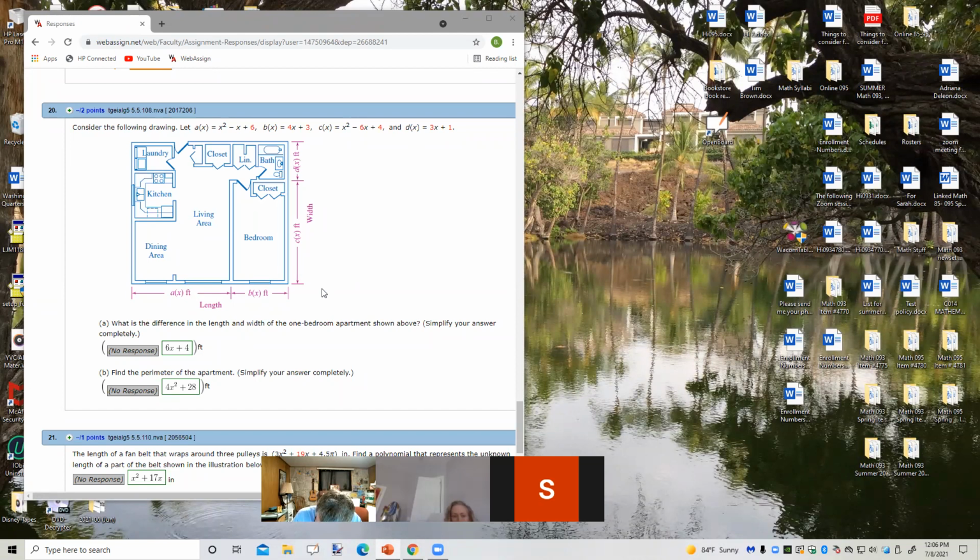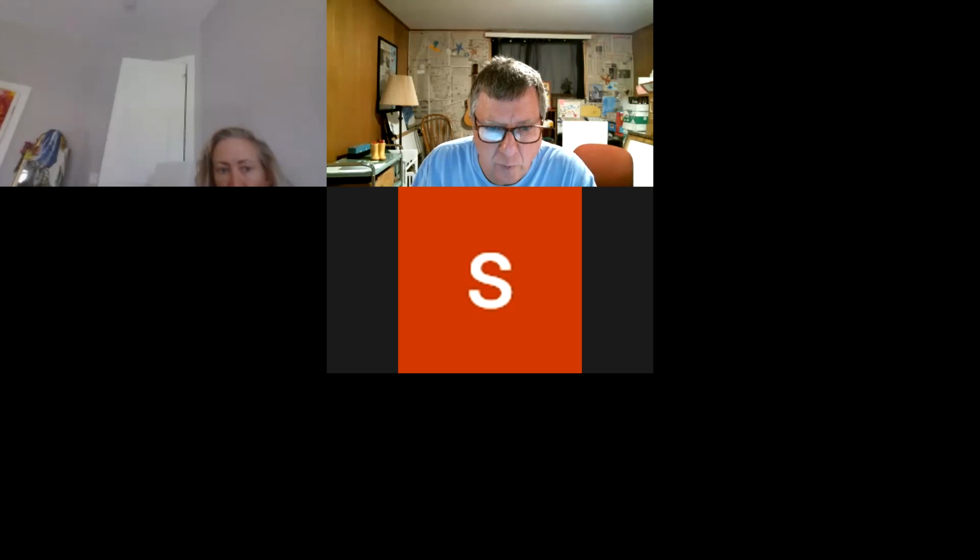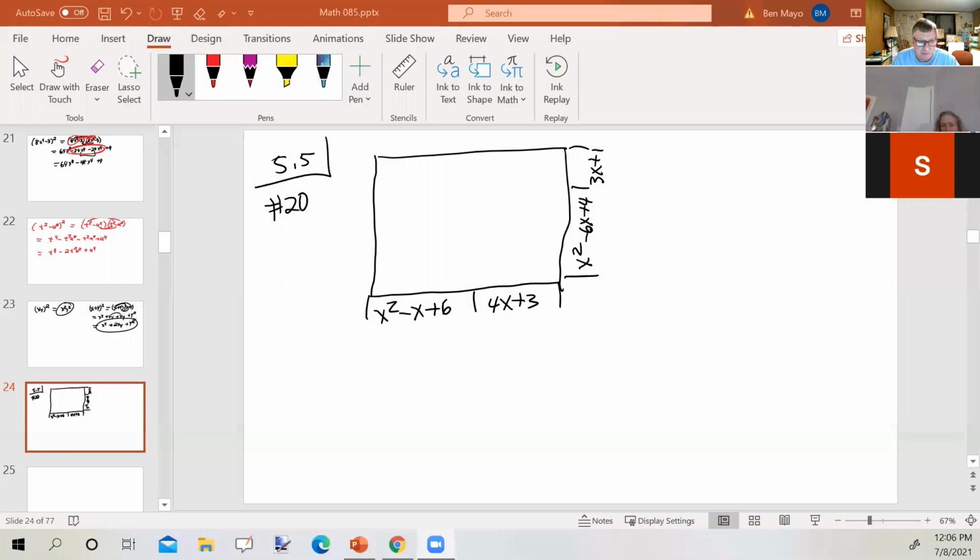B of x is 4x plus 3. C of x is x squared minus 6x plus 4. And d of x is 3x plus 1. Okay. So now I'm going to switch back to my whiteboard screen. So I've replaced a of x through d of x with their actual polynomial values.